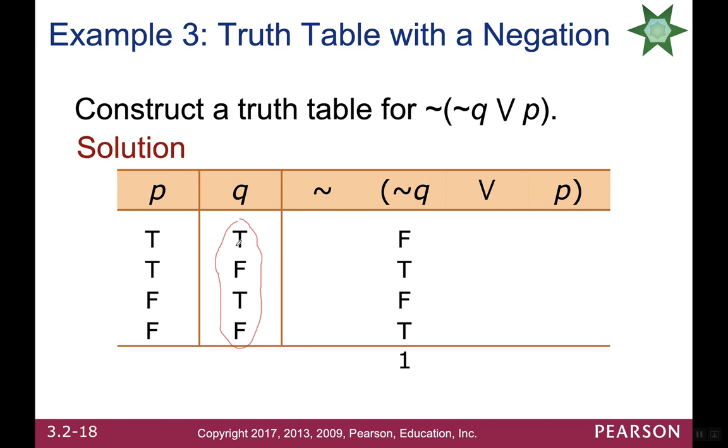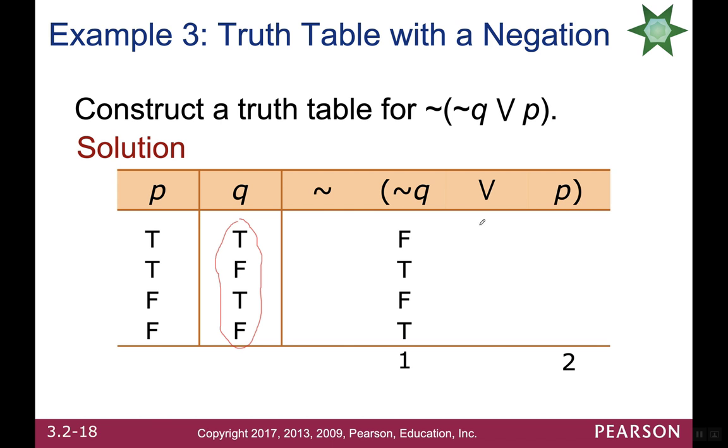So anyway, if Q is true, then not Q has to be false. If Q is false, then not Q has to be true, etc. So false and true in the last two. Now we have the disjunction. Let's complete the next column.